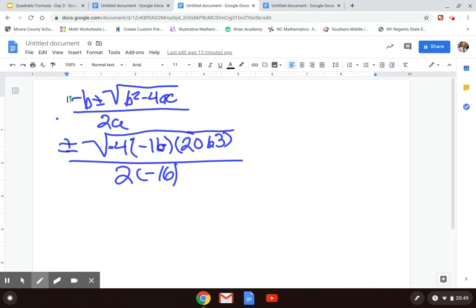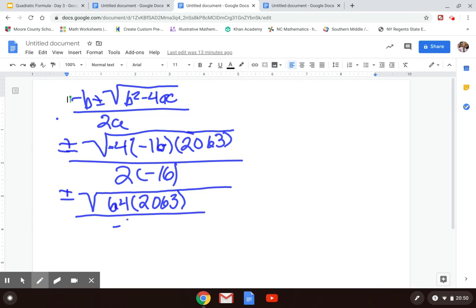All right. So again, we're going to have plus or minus. Negative 4 times 16 is going to be a positive 64, and then times 2063, all of that divided by negative 32.